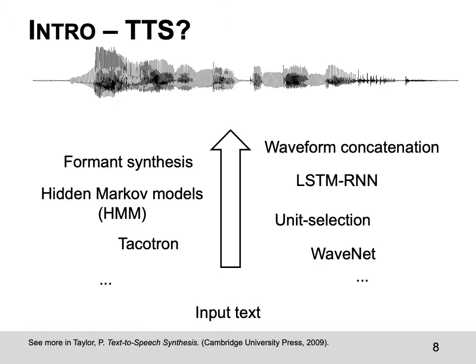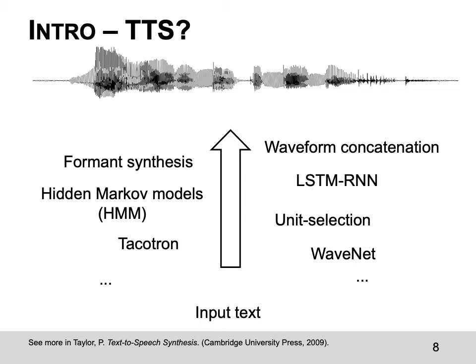Research on TTS has a really long history. If we read the books and reference papers on TTS, we can find so many different types of TTS methods, formant synthesis, unit selection, and WaveNet. The reason why researchers are still working on TTS is that researchers want to make the synthesized speech as natural as possible, as natural as human speech.